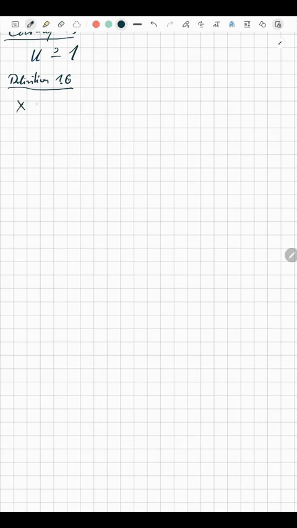We have X a Banach space and x_n a basis of that Banach space.